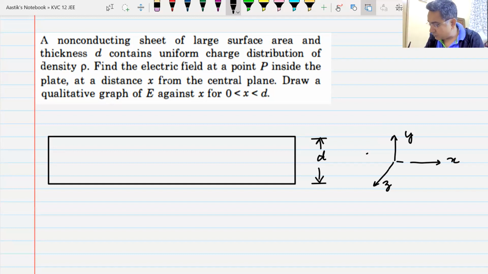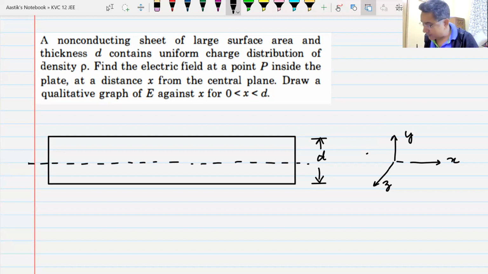Now, what you had to calculate: if you take this central plane, you have to find out the electric field at a distance x from this central plane, somewhere here. At this point P, whose distance from this central plane is x.